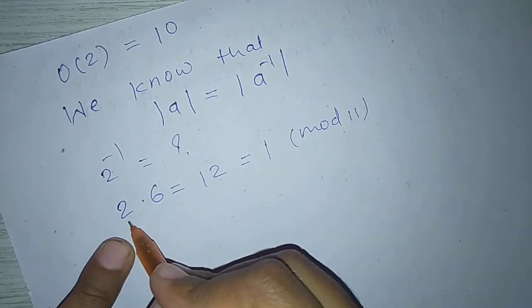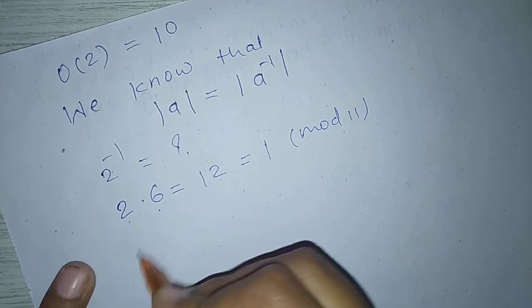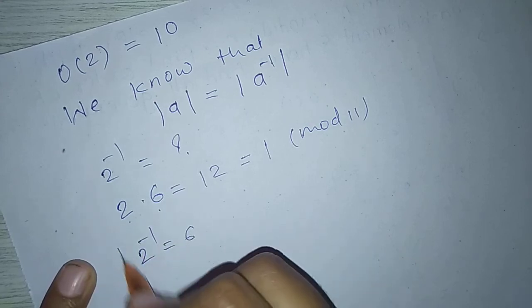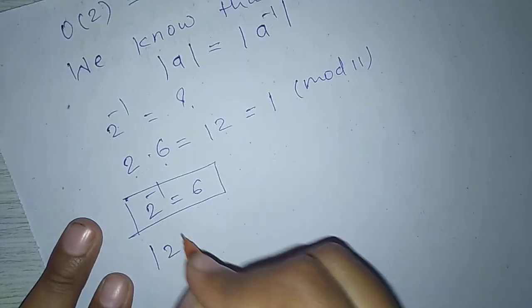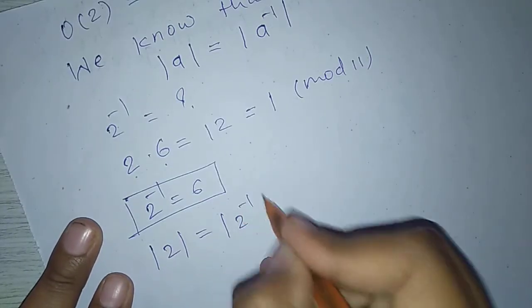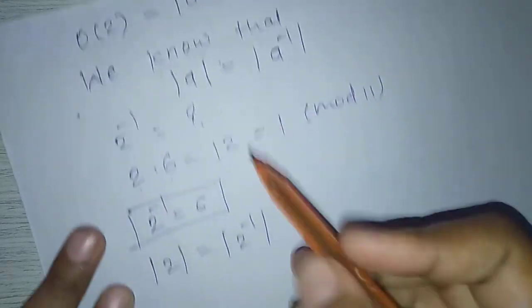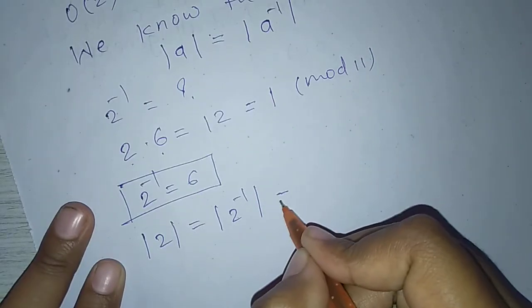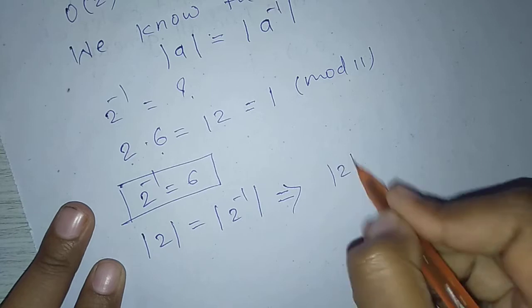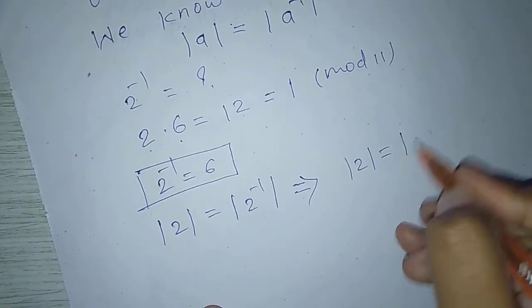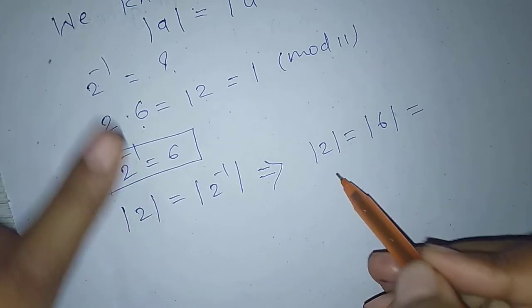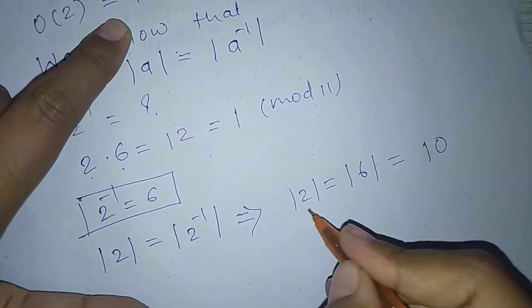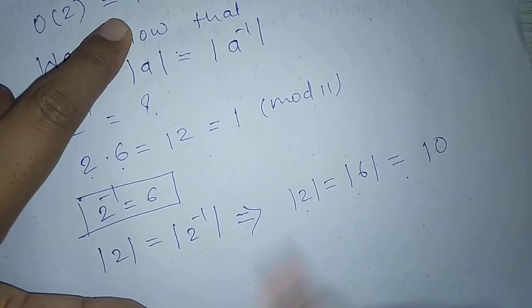Means the inverse of 2 is nothing but 6. 2 inverse equal to 6. That is, the order of 2 equal to the order of 2 inverse by using this result, which implies the order of 2 equal to the order of 2 inverse, which is the order of 6. The order of 2 is nothing but 10, means the order of 2 and the order of 6 equal to 10.